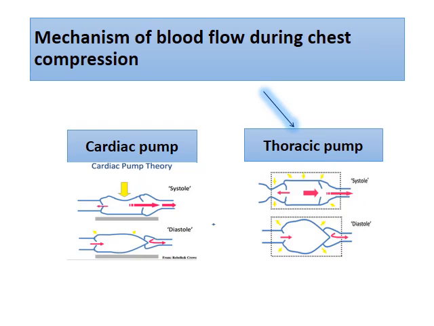Now we are doing chest compression. To do chest compression adequately, you have to understand what we are doing, what the mechanism is. When the child is alive, the force that pushes the blood along the circulation is the cardiac pump. But if the cardiac pump is not working, we create a thoracic pump by chest compression.